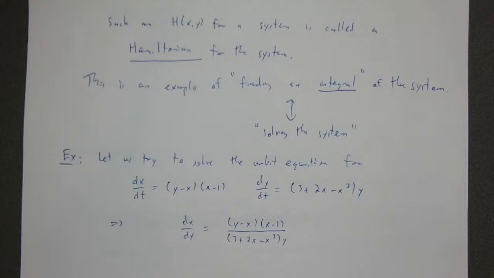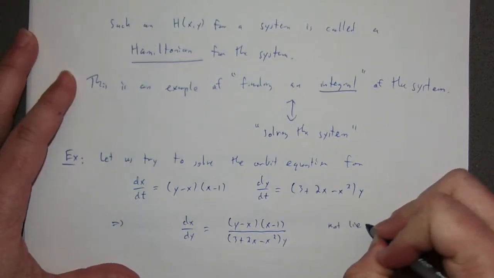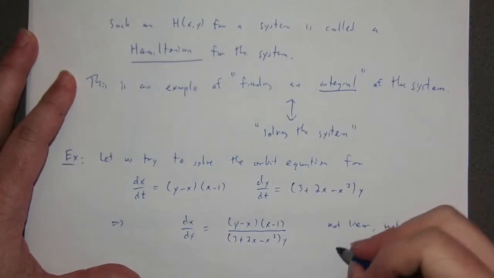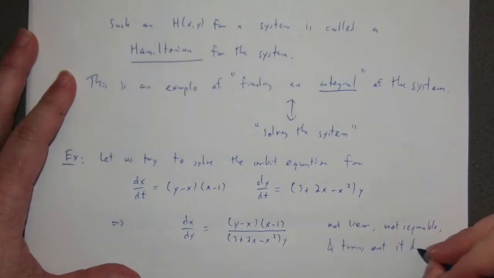Well, this isn't linear. It's not separable. And it turns out it doesn't have an integral. So this is not linear. That's not usually a deal breaker right there. Not separable. Also not usually a deal breaker. And it turns out it does not have an integral.